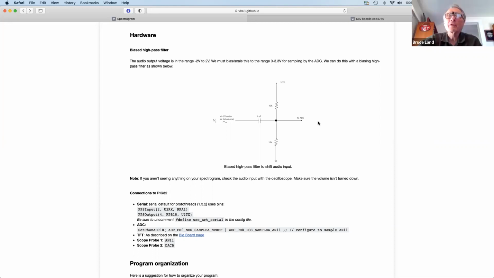How would you tell by looking at the spectrum output that your signal was clipping at the input? Anybody? I guess discontinuities in the graph.